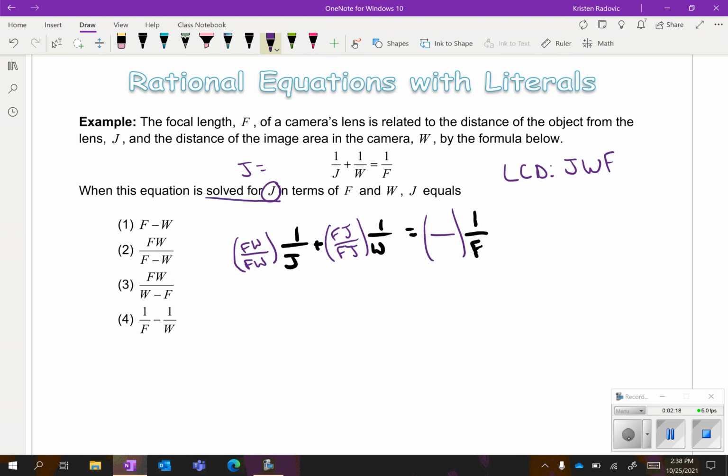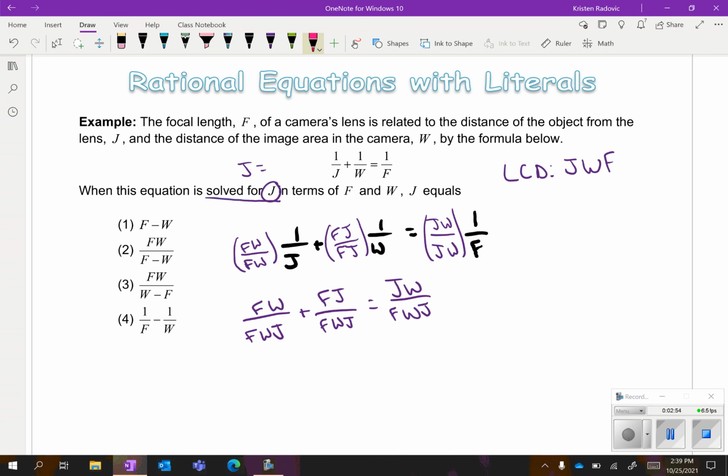Our last fraction has an F, it's missing the J and the W. So when we multiply all of these by what's missing, we're going to get FW over FWJ plus FJ over FWJ equals JW over FWJ. And now that you have the same denominator, we can cross it out because we got the denominators equal.